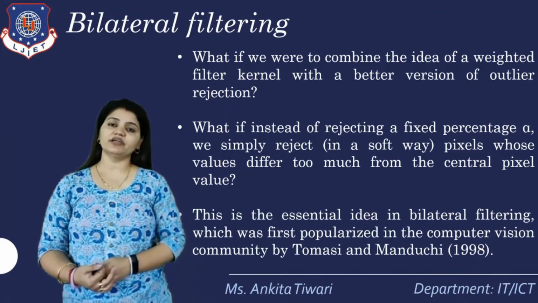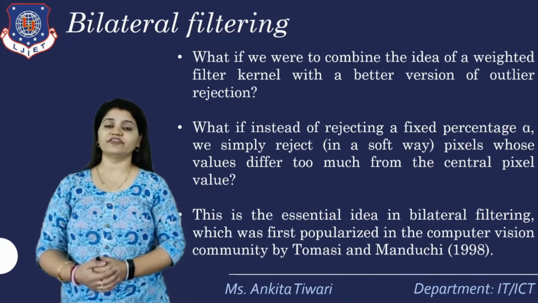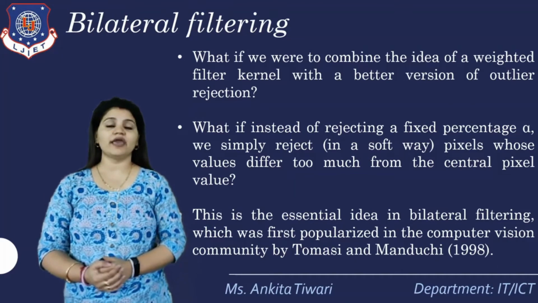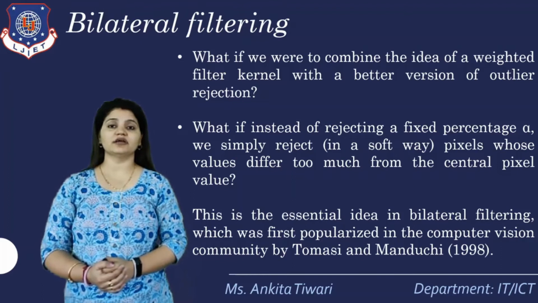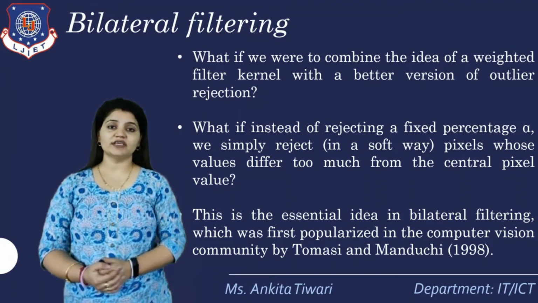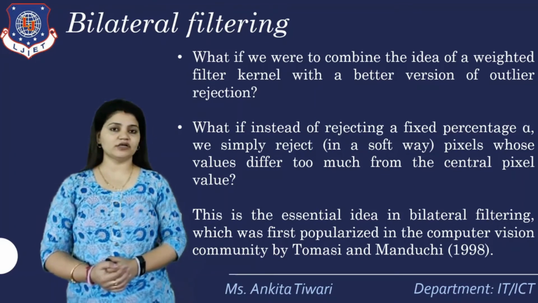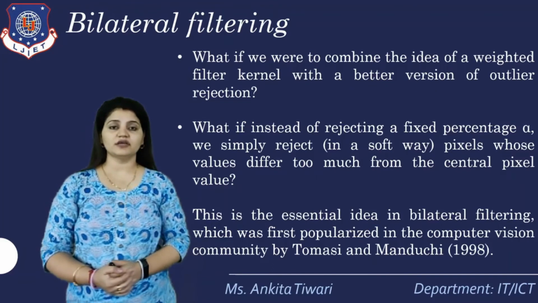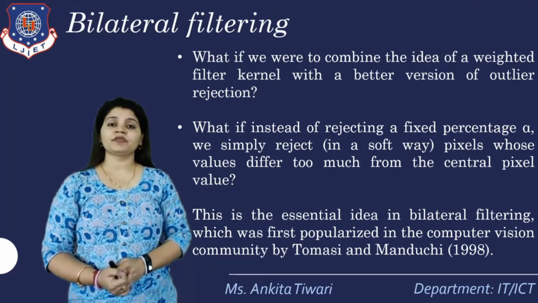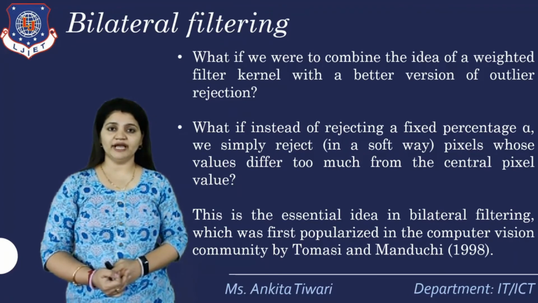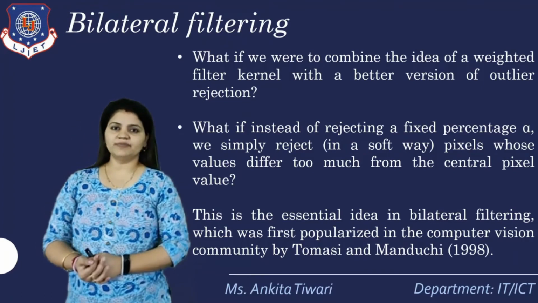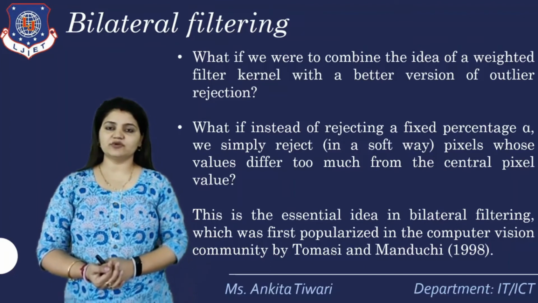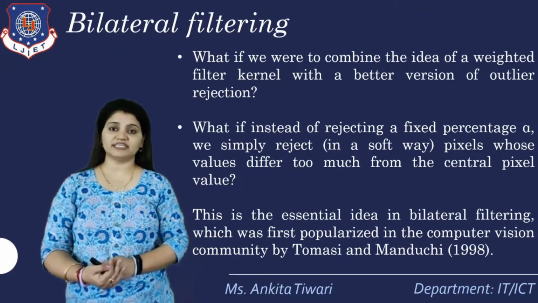This is the essential idea in bilateral filtering, which was first popularized in the computer vision community by Tomasi and Manduchi. It is a process by which we reject pixels whose values differ too much from the central pixel value.